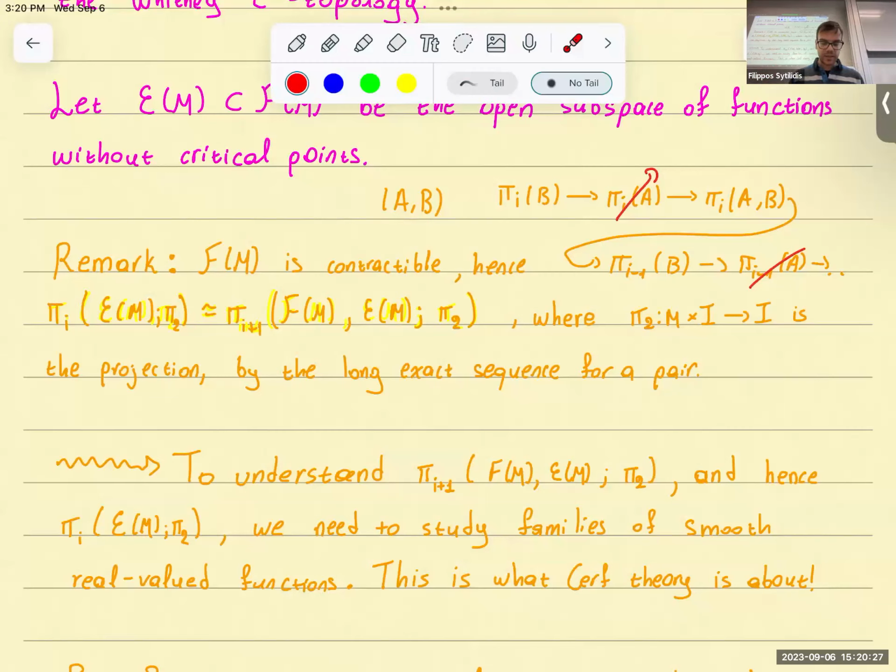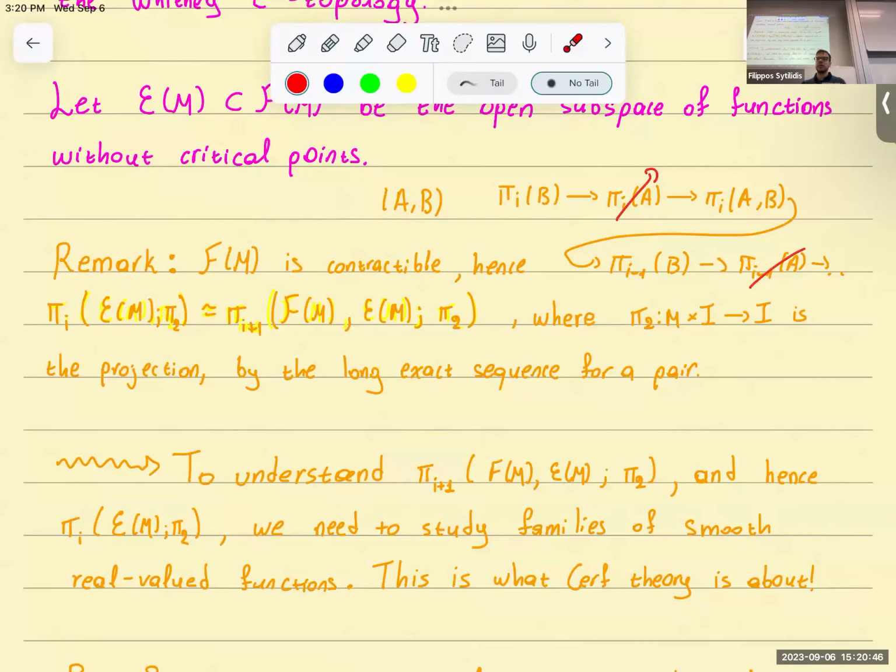And then there is the question of when can such a path be deformed into a path of smooth functions that lies entirely within epsilon of M, which means when can it be deformed to a path of smooth functions with no critical points.